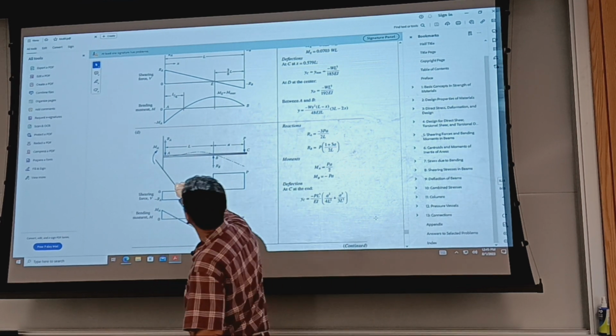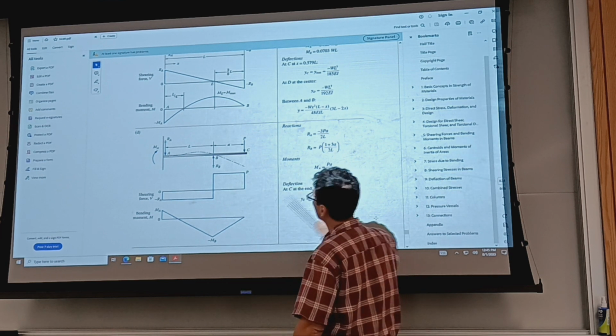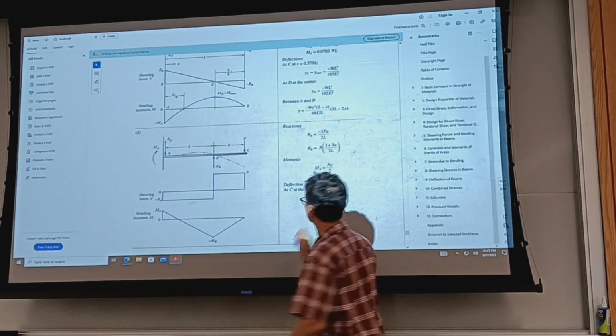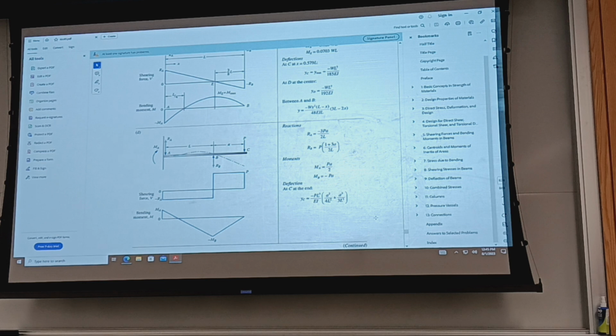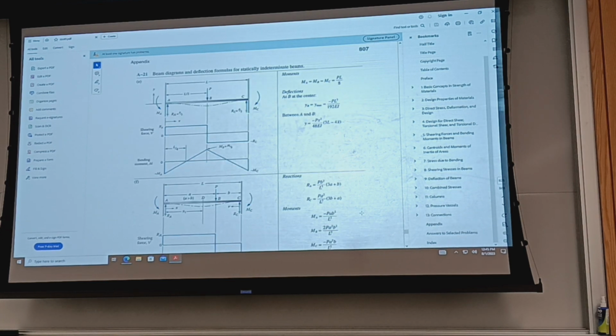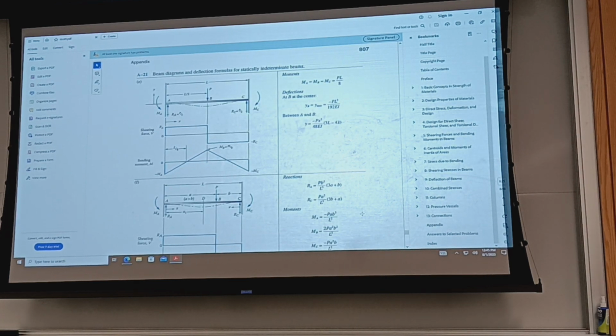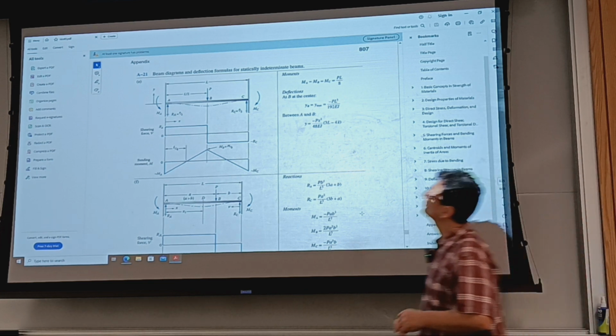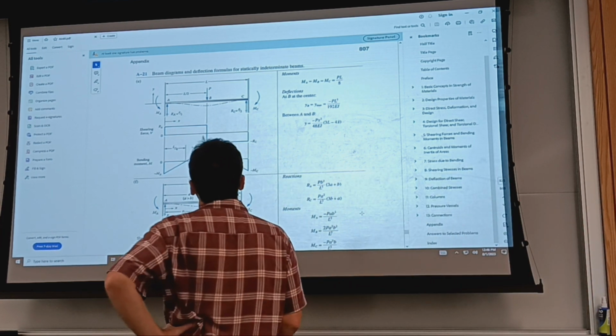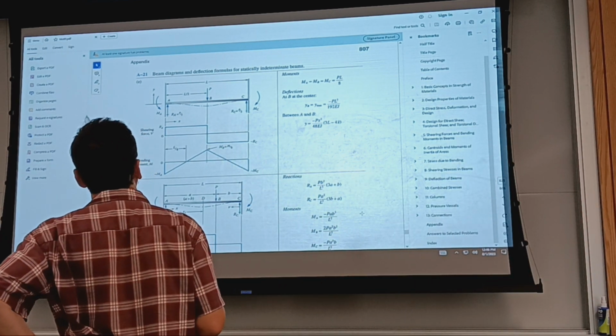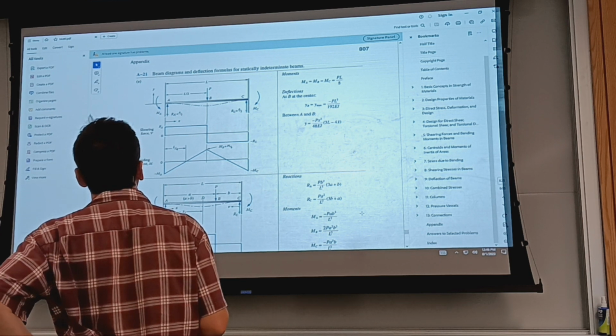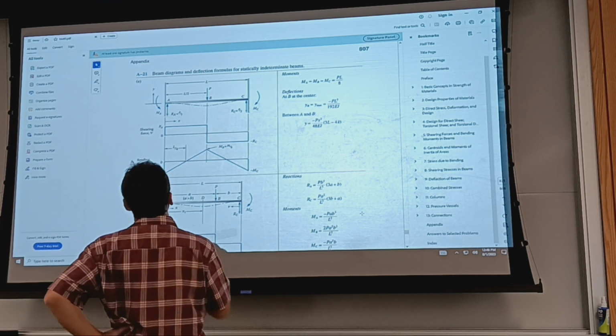It tells us the moment at the support, the maximum moment here. Okay. So again, read carefully what these appendices, the various entries, offer, and make use of it. This one is another case of statically indeterminate.